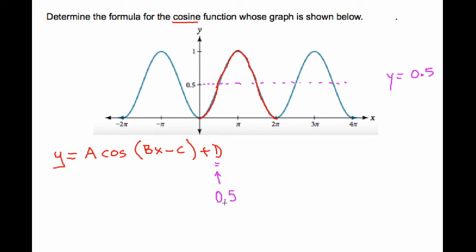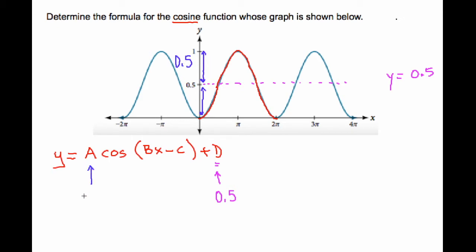That will be 0.5. Now I'm going to look at the distance from the midline to the maximum, as well as the distance from the midline to the minimum. That distance would be 1 minus 0.5, or 0.5 minus 0, and that distance would be 0.5.